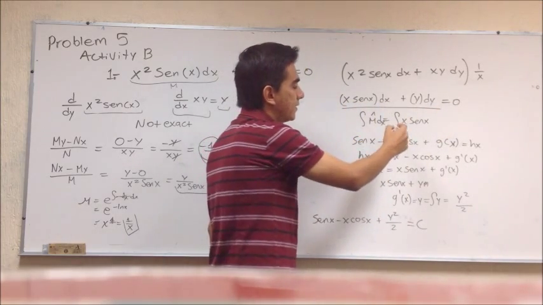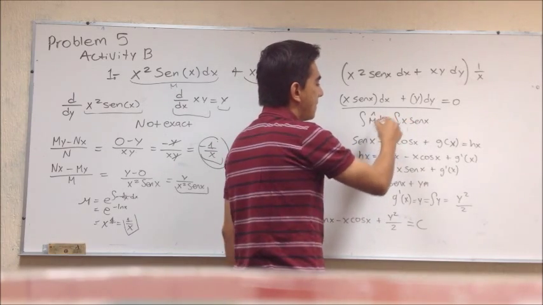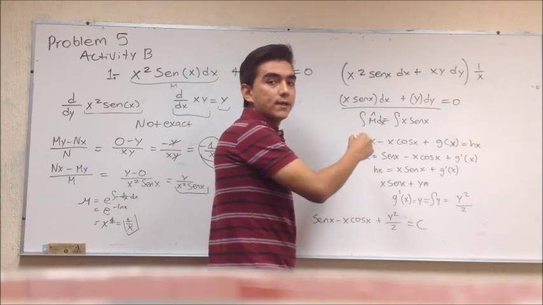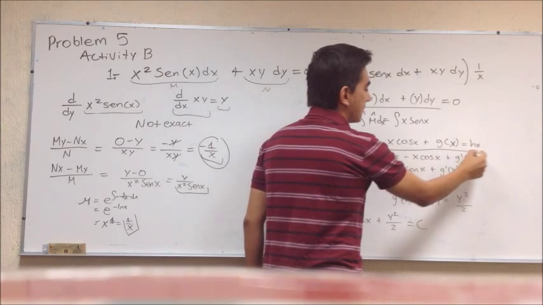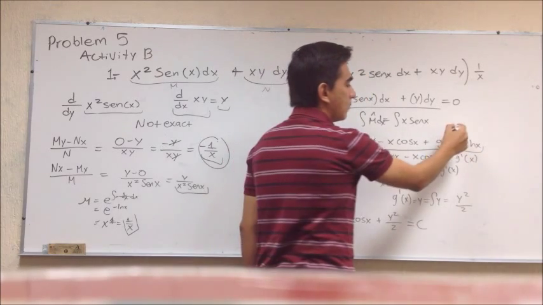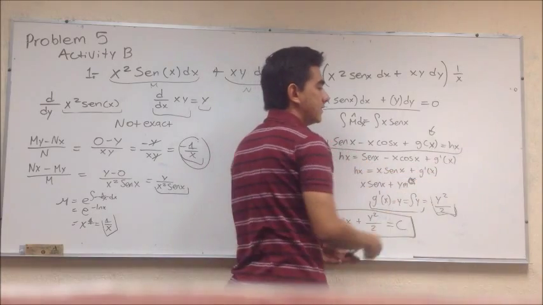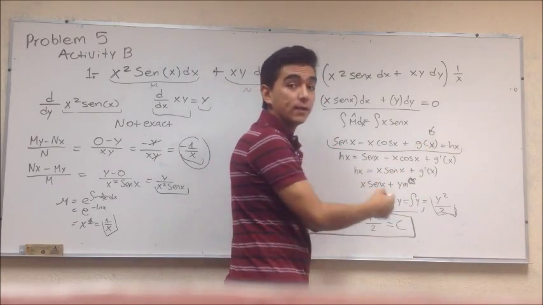We proceed to integrate the m with the integrating factor multiplied, and we obtain this. Now, as you can see, we've got our g of x, which is the formula with the g of x that you need to substitute and derivate in order to know the value of the g of x.